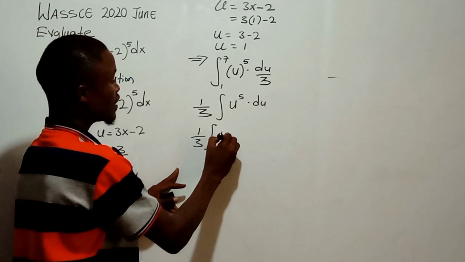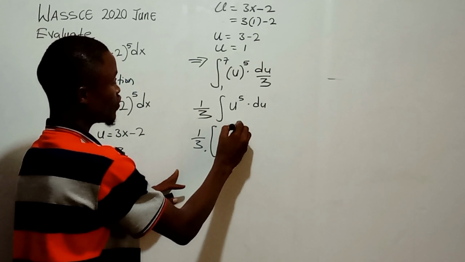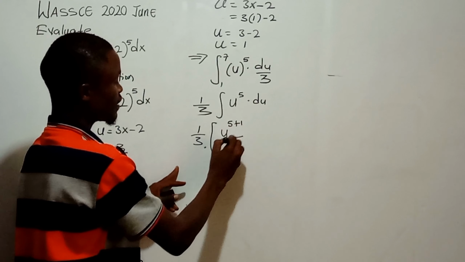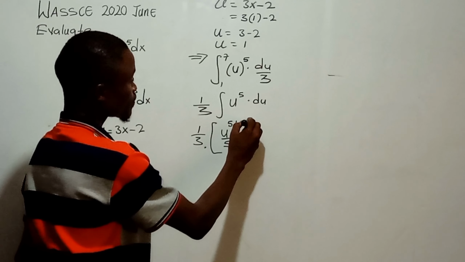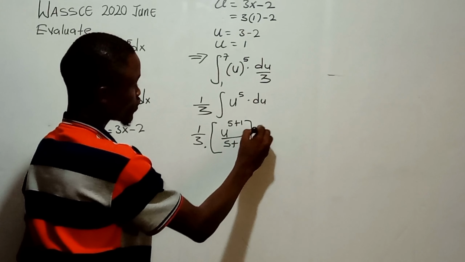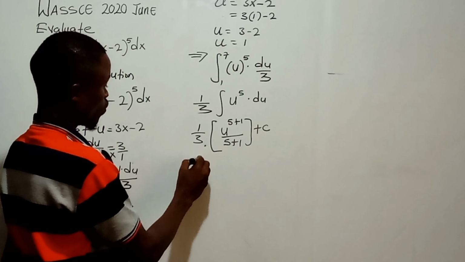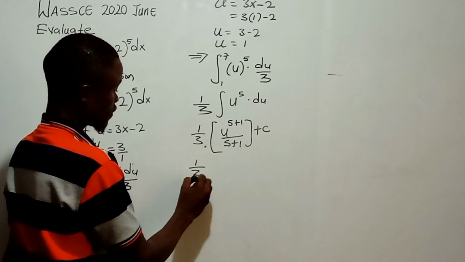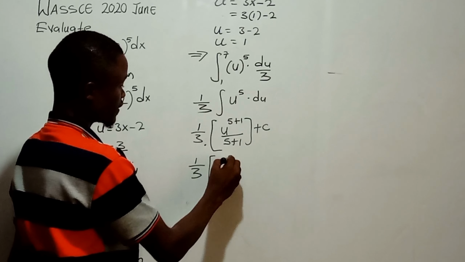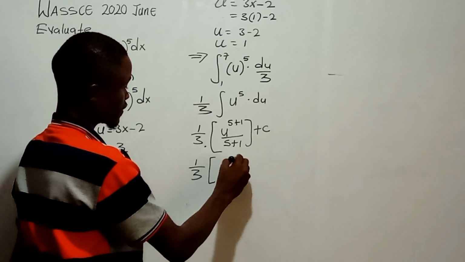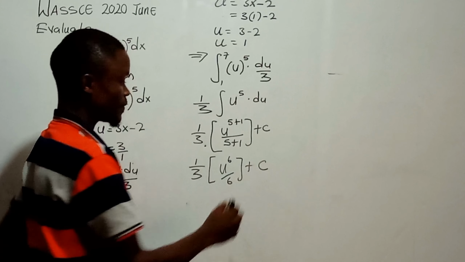The process here, you see u raised to the power 5, you add 1, so 5 plus 1, bracket close plus c. So 1 upon 3, then we have u raised to the power 6, all upon 6, bracket close plus c.